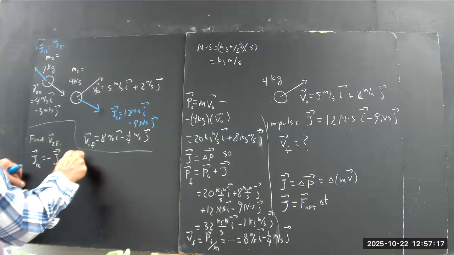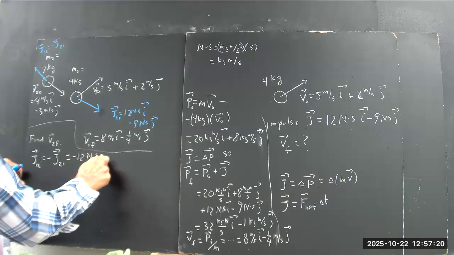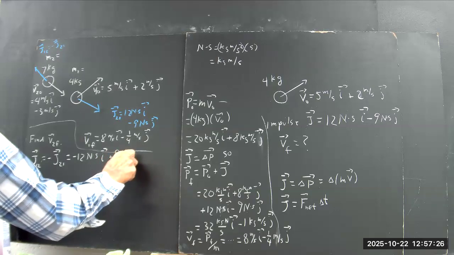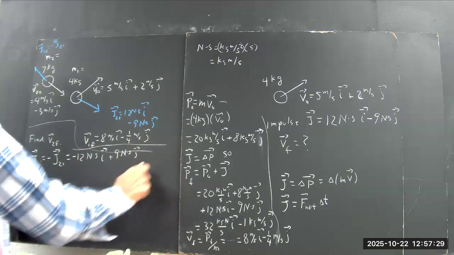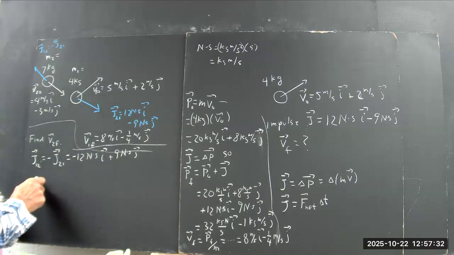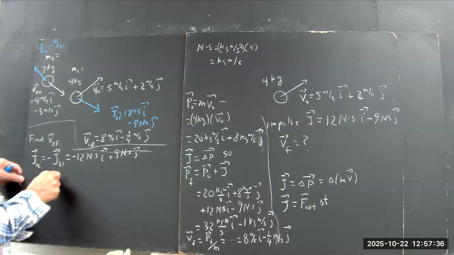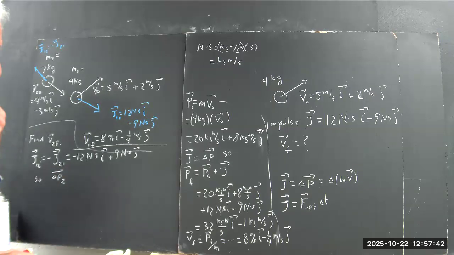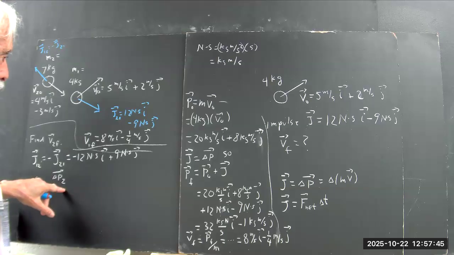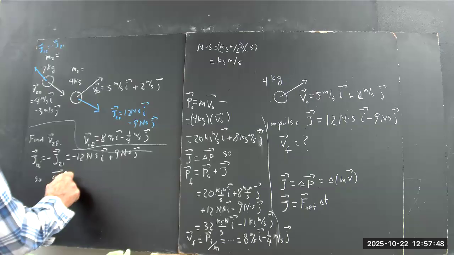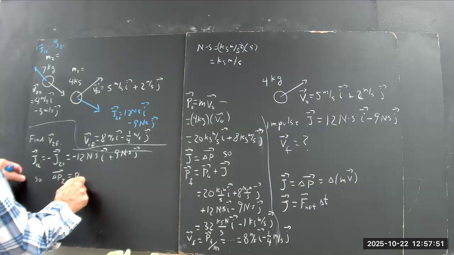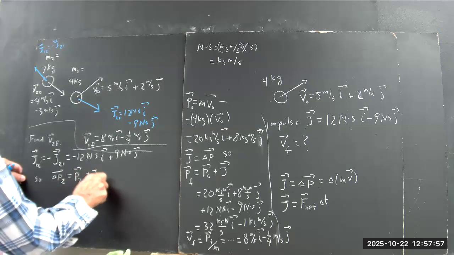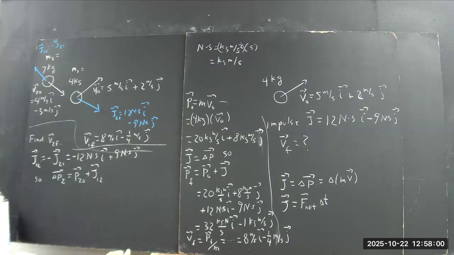And of course, that's going to be negative 12 Newton seconds times I plus 9 Newton seconds times J. So the change in P2 is the initial P2 plus J12. Okay.